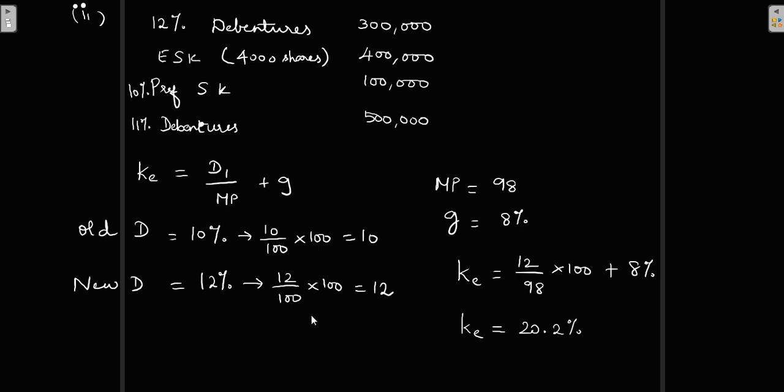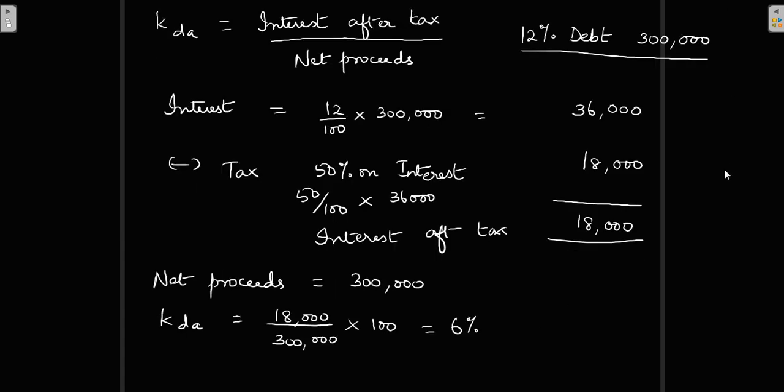So using this new information, the cost of equity now is 20.2%. Cost of preference and cost of the old debenture remain the same. Now we are going to calculate the cost of the new debenture. The new debenture is 12% debt of 3 lakhs. So you calculate the interest after tax.